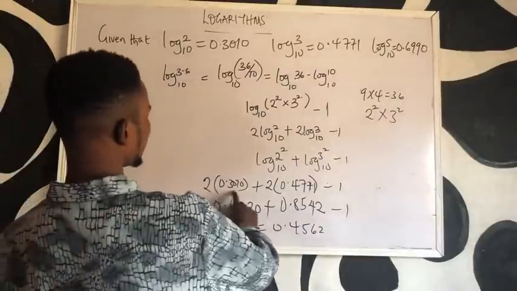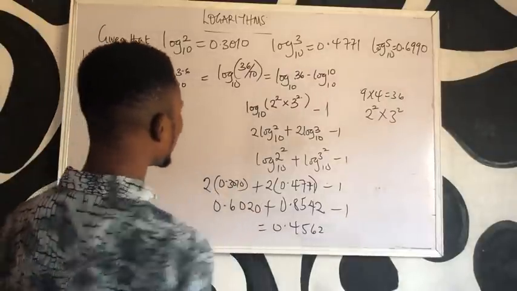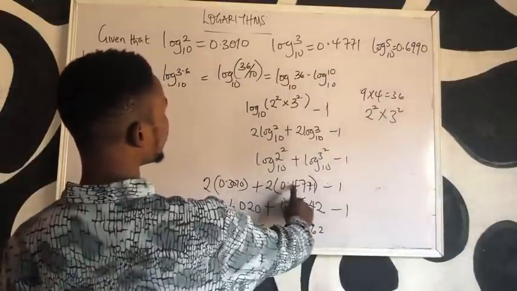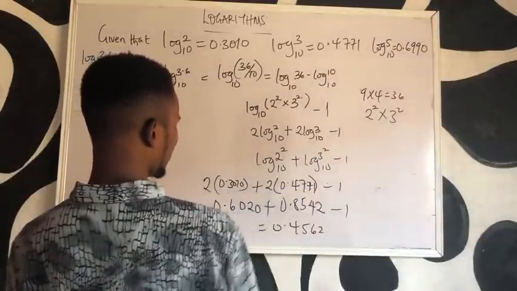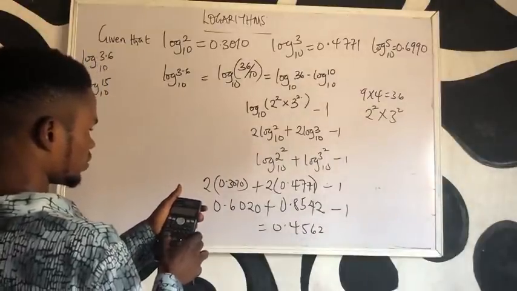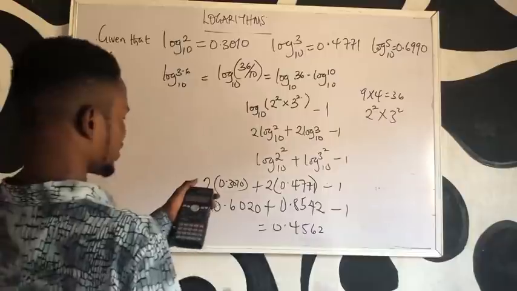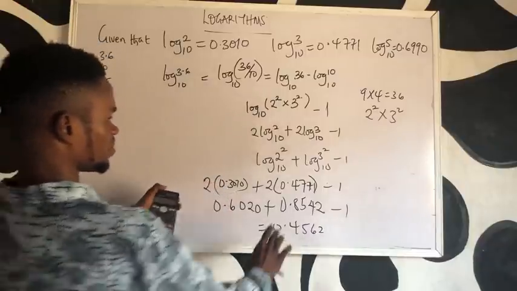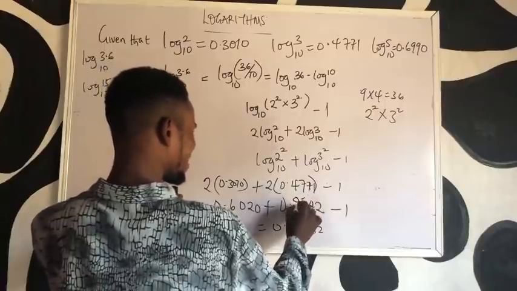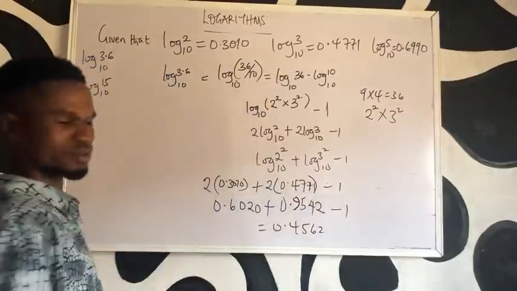So 2 times 0.3010 is 0.6020 plus 2 times 0.4771 is 0.9542, minus 1.